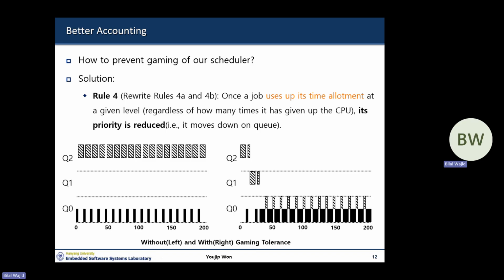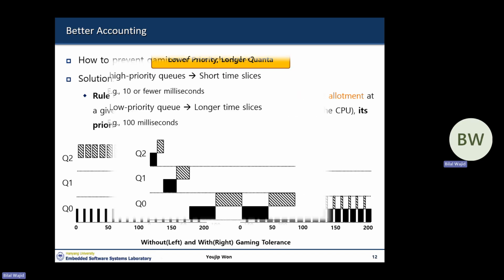Once its priority level is reduced, it will eventually come to the lowest priority level, and processes at the lowest priority level run in round robin fashion. Hence, not only introducing gaming tolerance, but more fairness, allowing all processes to get their fair share of time in the CPU. Another element is called lower priority, longer quanta.